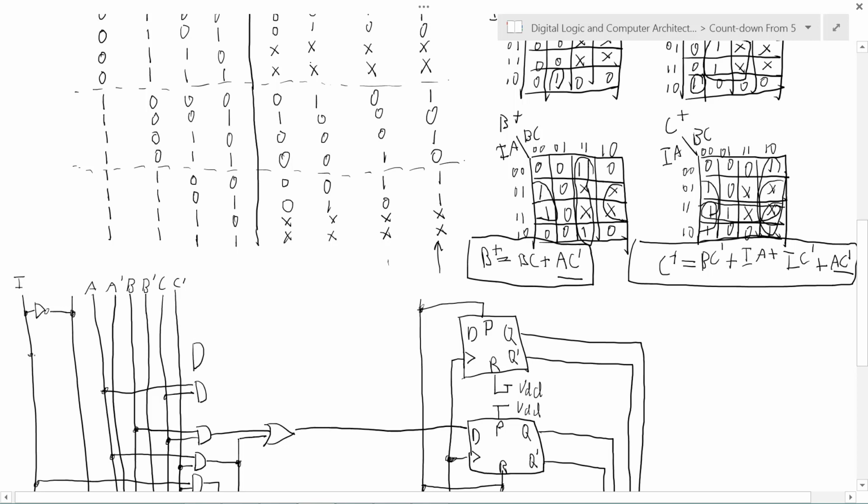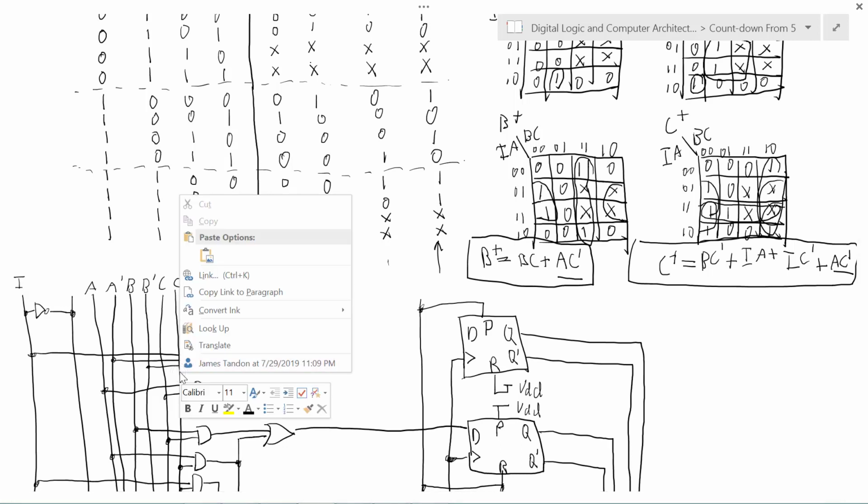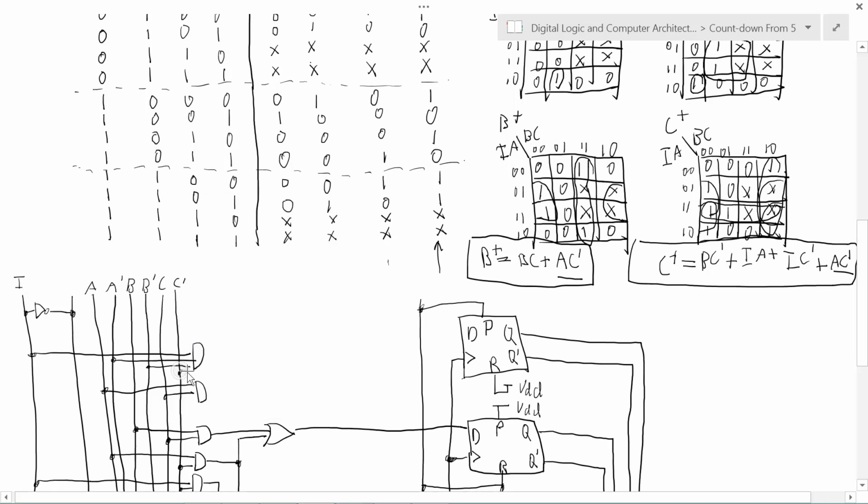We need I ANDed with A prime, B prime, and C prime. It's a little tight here. So we can OR these together. And connect this to our A plus input.